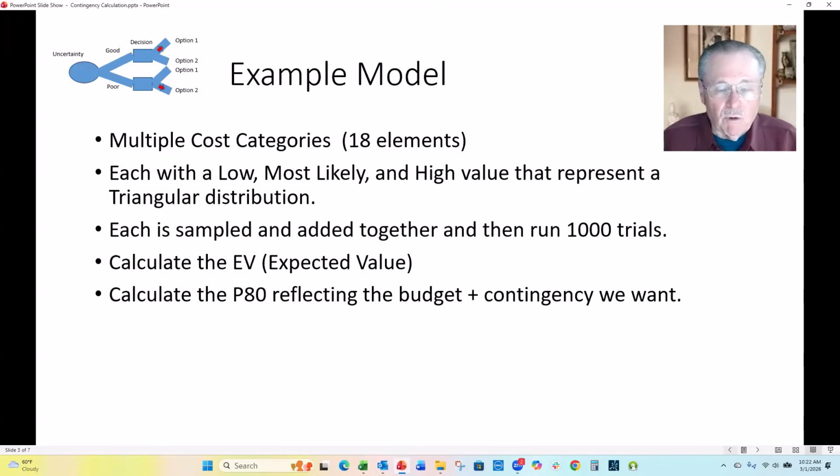And then each is sampled and added together and then run 1,000 trials. You calculate the expected value, and then you calculate the P80 reflecting the budget. And the contingency is whatever your budget is, subtracted from the P80.